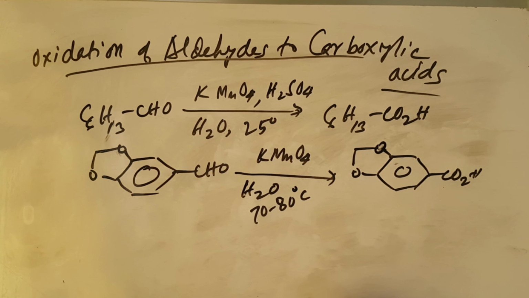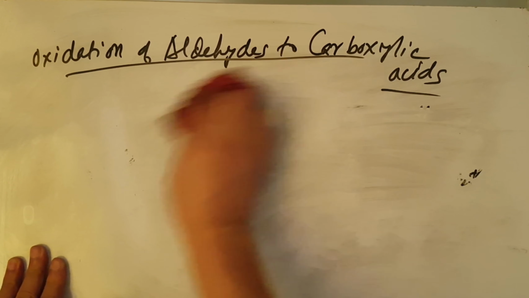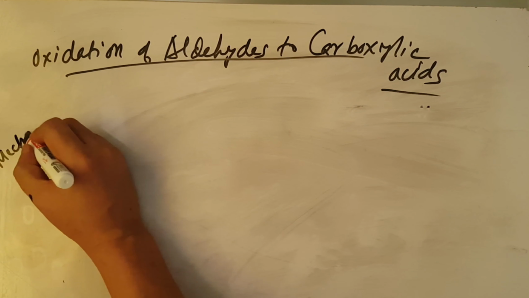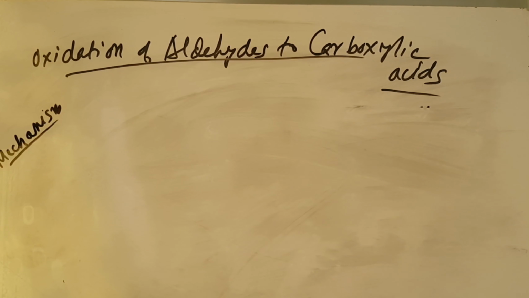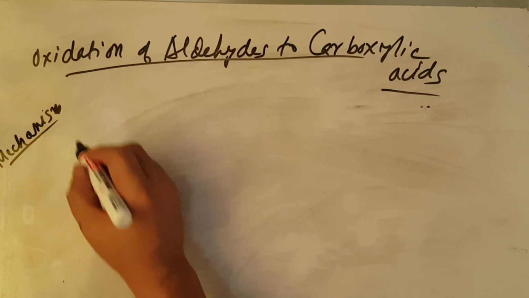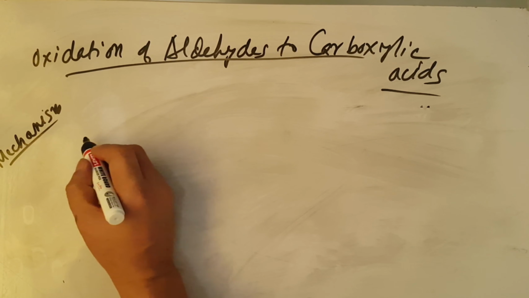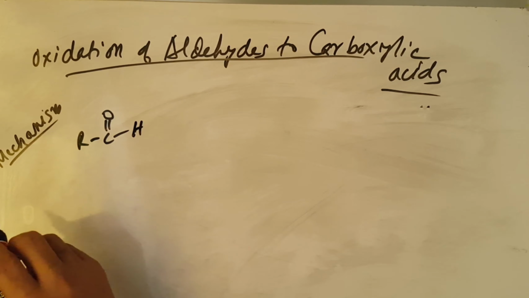Let's see the mechanism of oxidation of aldehydes by KMnO4. Mechanism of the reaction: oxidation of aldehydes by potassium permanganate in acid medium. Let's have one example here, RCHO, this is the aldehyde.